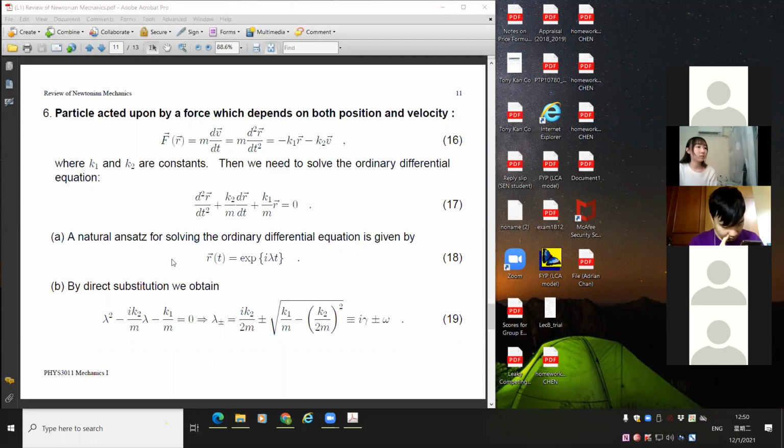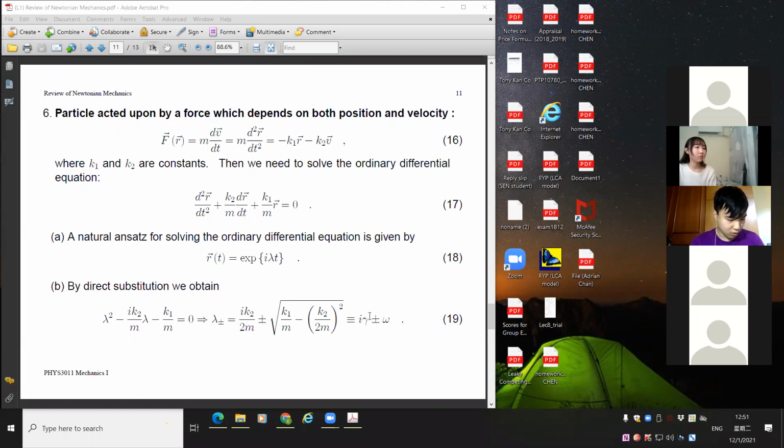So by direct substitution, we will obtain two possible lambda, and each one of them is a complex constant. The real part I call omega.